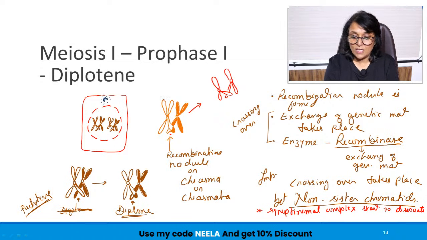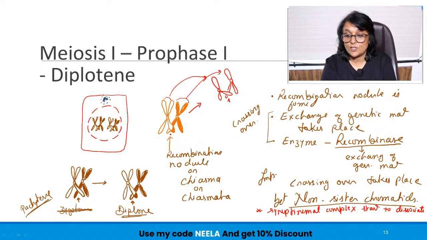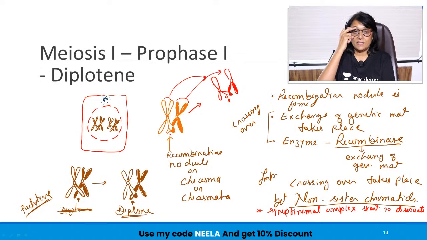Okay, so these two are fused and this is visible like this. These two are fused and it is visible like this. But here chiasma formation is there, exchange of genetic material has taken place, so that chiasma is going to be visible. So sister chromatids start to disappear, they start to fuse.